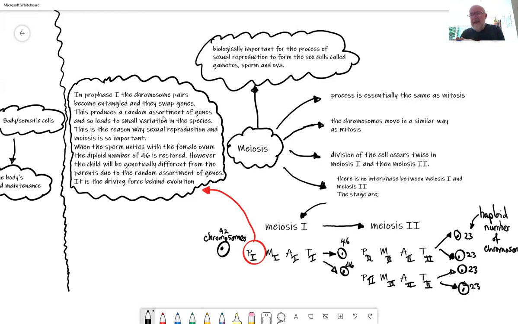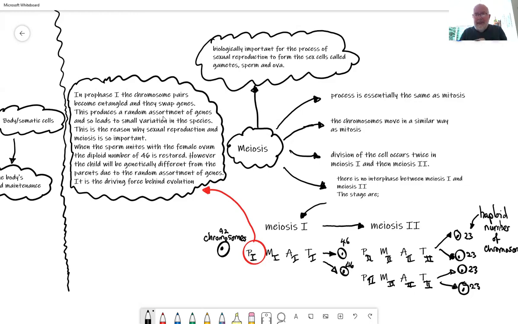Because when the male gamete unites with the female gamete, in our case the sperm and the ovum, the 23 chromosomes from each parent fuse together to form a fertilized egg. That contains 46 chromosomes, which then starts dividing by mitosis to produce a fetus and embryo.